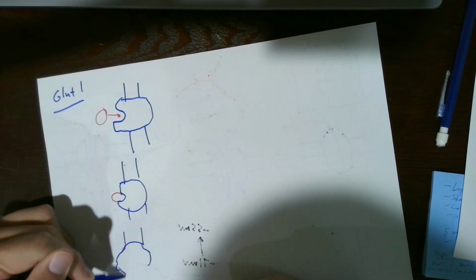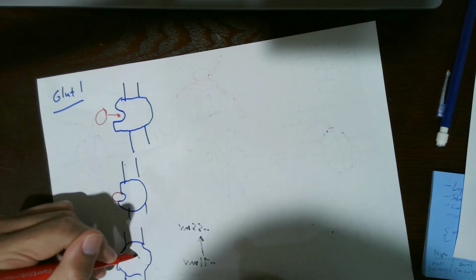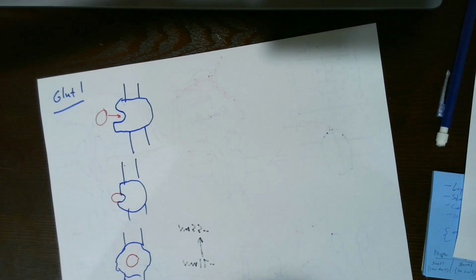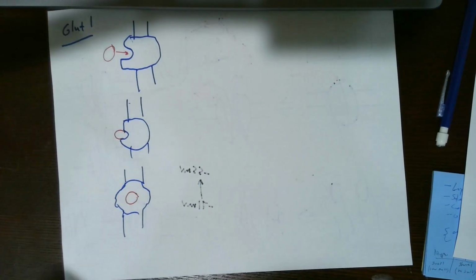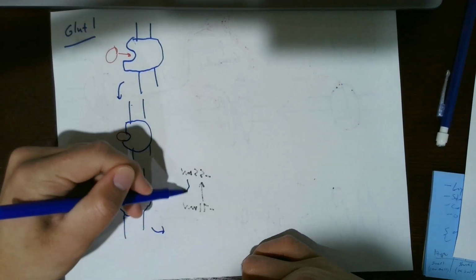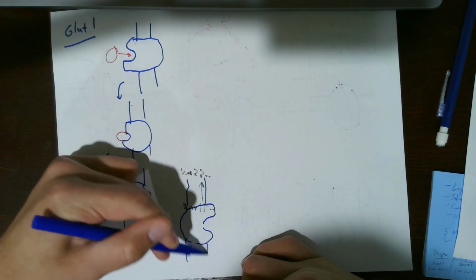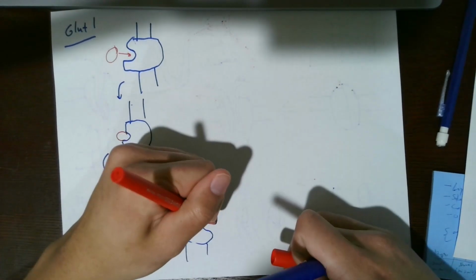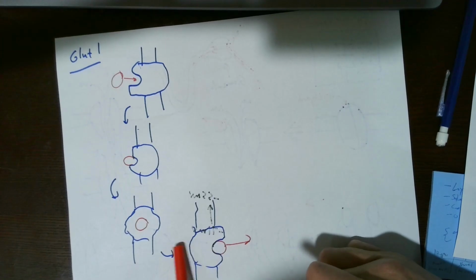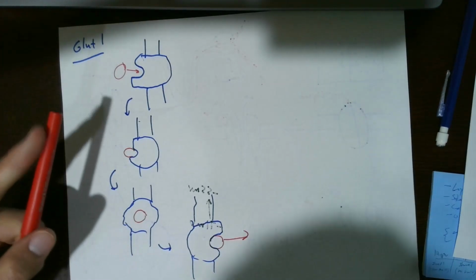So now maybe it looks like this, and the sugar is inside the transporter. Then it changes shape again and dumps the sugar onto the other side of the membrane. So that's how it helps move sugar across the membrane.